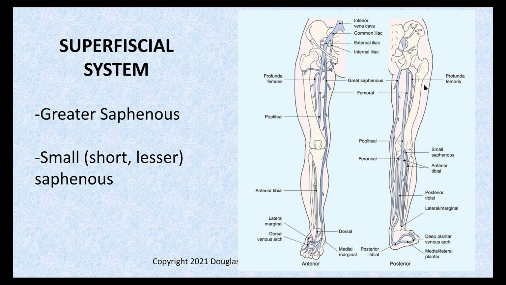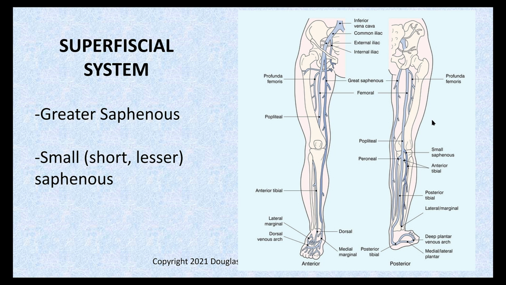Okay, let's look quickly at the superficial system, as I said. From an A to P view, we remember this from anatomy, that big gigantic thing hanging off, very superficial. That's the greater saphenous vein. It goes all the way down here and becomes part of the dorsal venous arch. It arises from a junction here with the common femoral vein, and we'll look at that junction in a second, the SFJ, it's called.